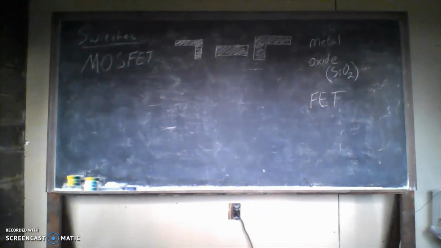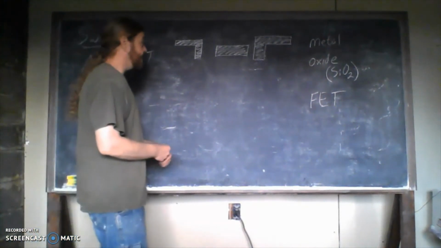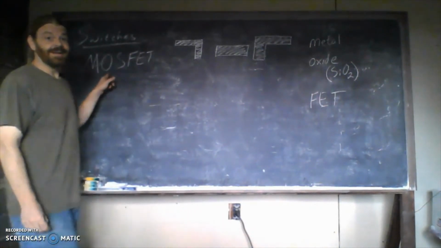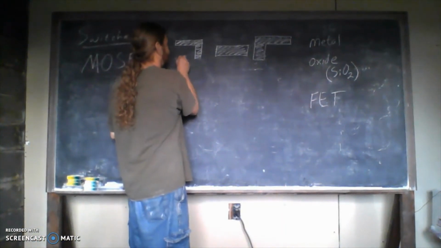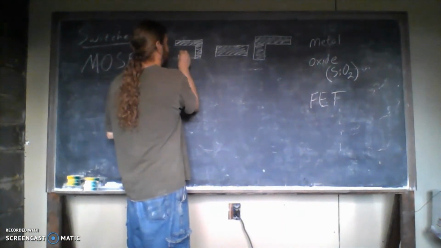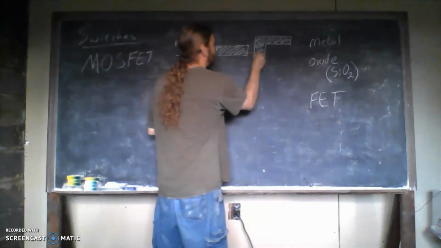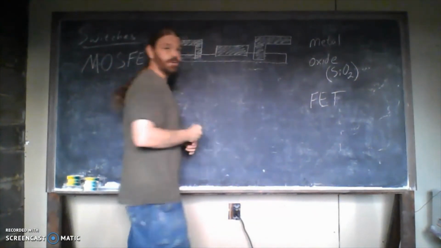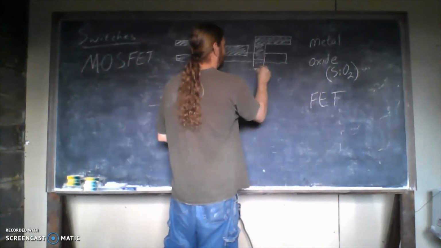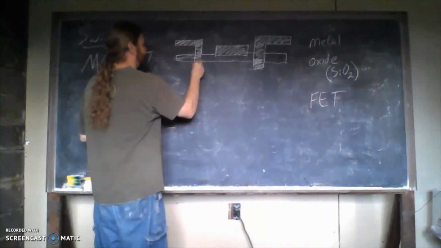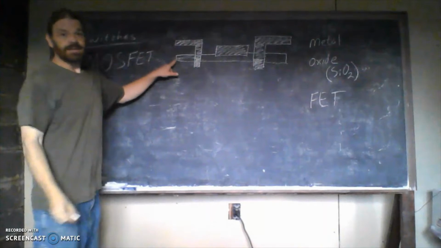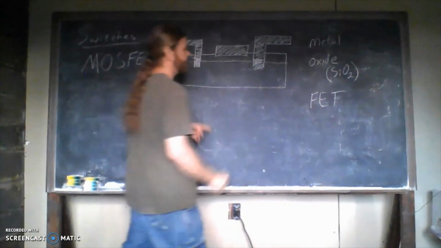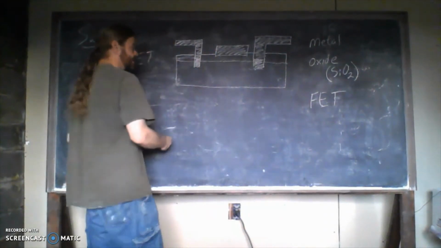Then right next to that metal, we put a layer of oxide. We embed those into a layer of silicon dioxide. So the metal, then silicon dioxide, and then down here, the field effect transistor layer.